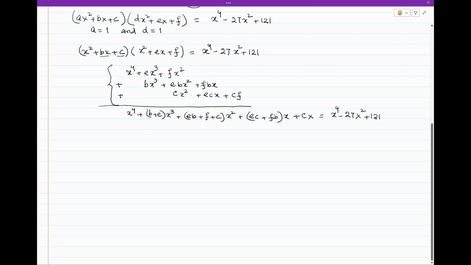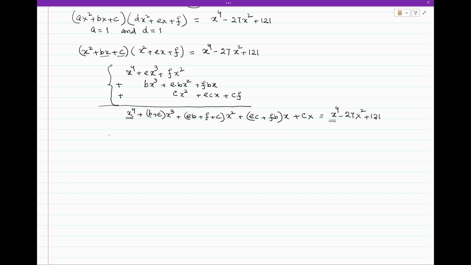By comparing the coefficients of like powers on both sides, x4 on both sides has coefficient 1, so there is nothing to compare, but here this should be equal to 0, because on the right hand side there is no cubic term.